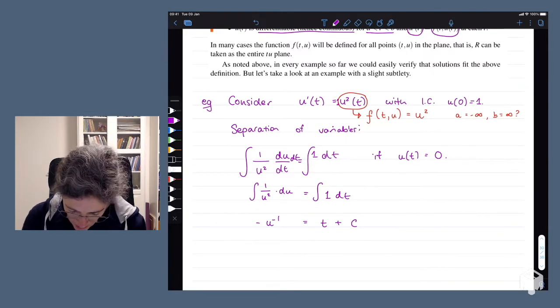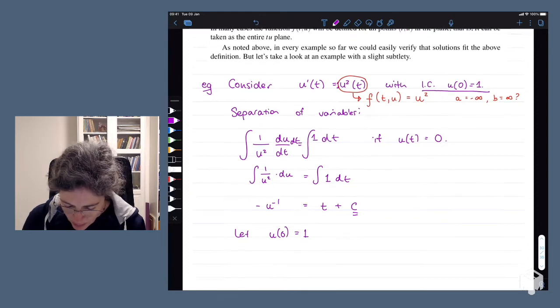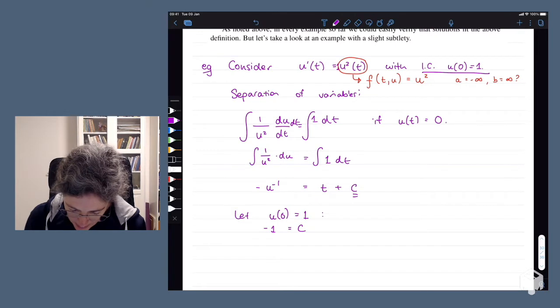Okay, and now we want to find our value of c because we've got an initial condition. So we let u be 1 when t is equal to 0. So that gives us minus 1 is equal to c. So let's plug that in. Minus u to the minus 1 is equal to t minus 1.